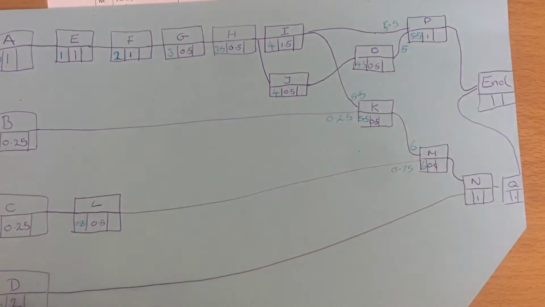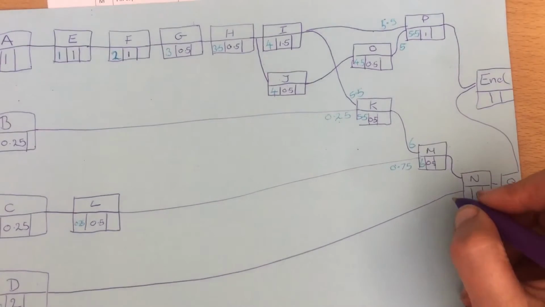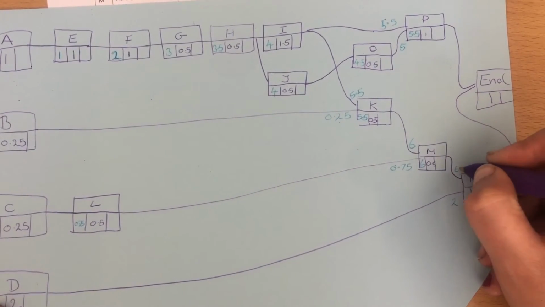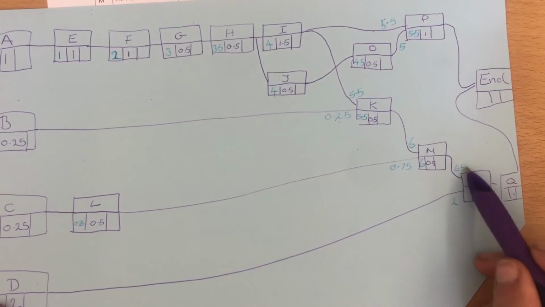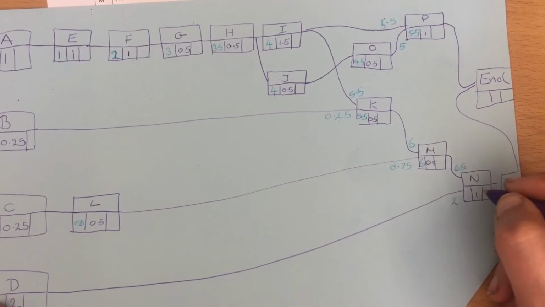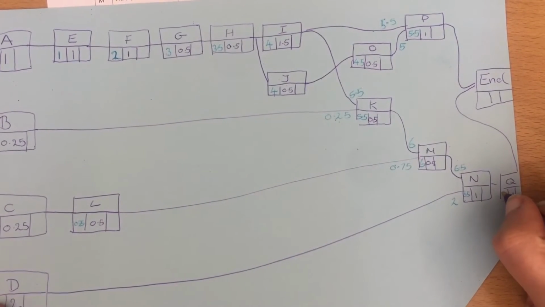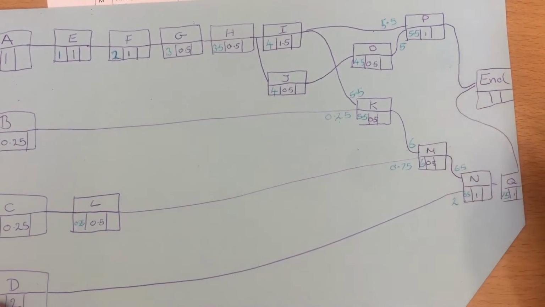We've got 0 and 2 coming into N, and we've got 6 and 0.5. So this one's going to be the slowest. So we have 6.5, and 1 is 7.5.